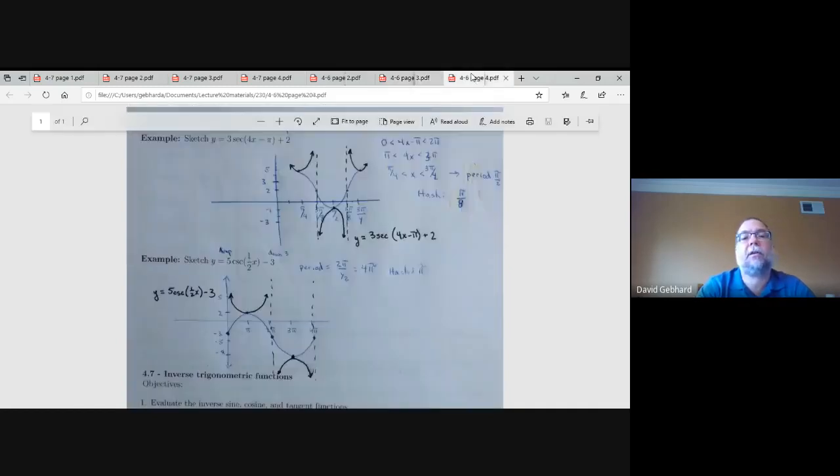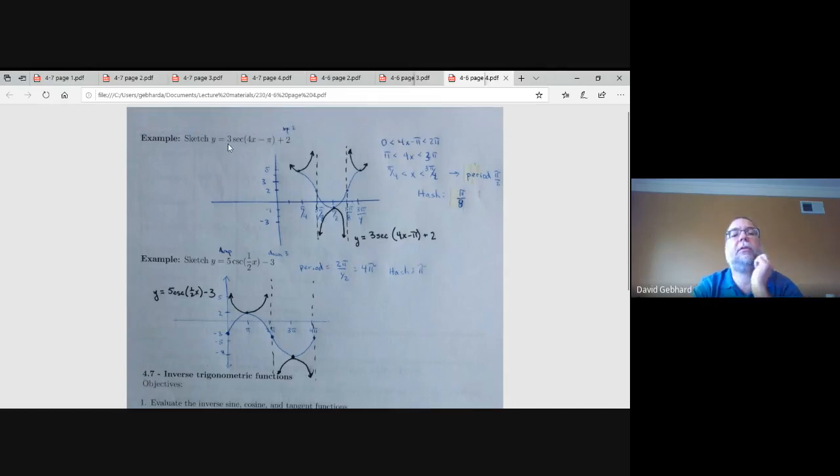So if we do a couple of these, let's say we do 3 secant of 4x minus pi plus 2. The plus 2 will be up 2. The 3 is going to correspond to my original amplitude. And I want 4x minus pi to be between 0 and 2 pi. So I add pi all the way through, and I get pi should be less than my 4x, should be less than 3 pi.